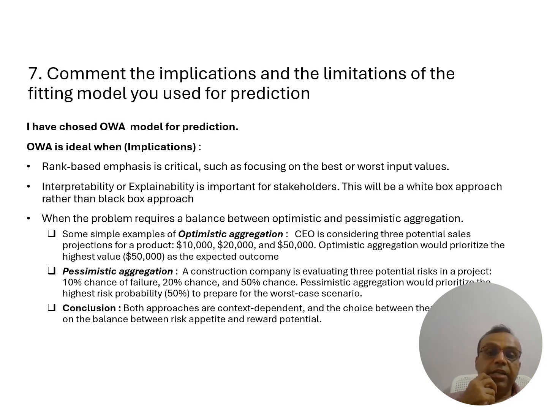Also, OWA is ideal when I have to explain the models to the stakeholders. So this is more of a white box approach rather than black box approach. In other algorithms, like deep learning models, it is very difficult to explain this weightage or coefficient because it's very complex.